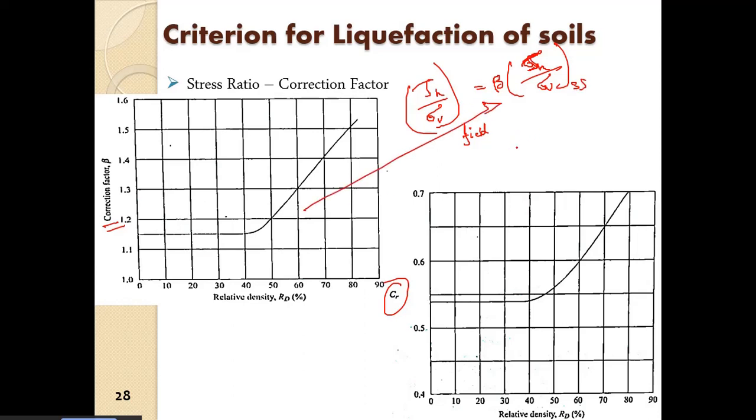Again, for the triaxial case, same thing, alpha dash into beta, as we have seen in the previous slides, alpha dash into beta sigma d by 2 by the confining stress, that is the sigma 3. So this is for the triaxial case. Okay, or we can directly correlate this to the CR. So this is CR sigma d by 2 by sigma 3.